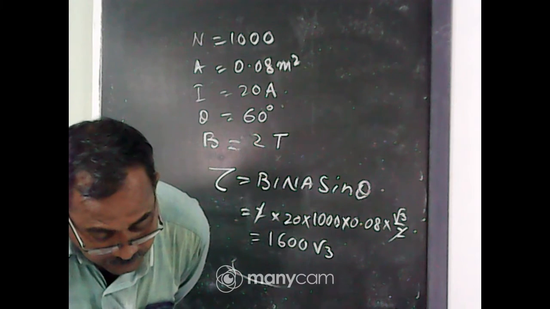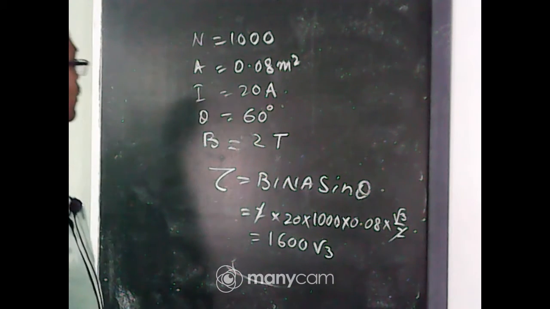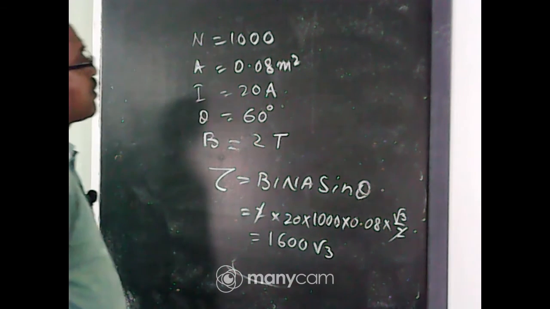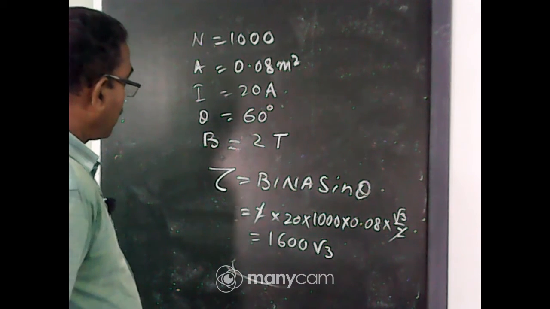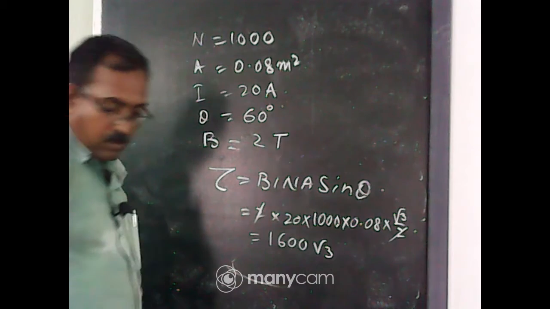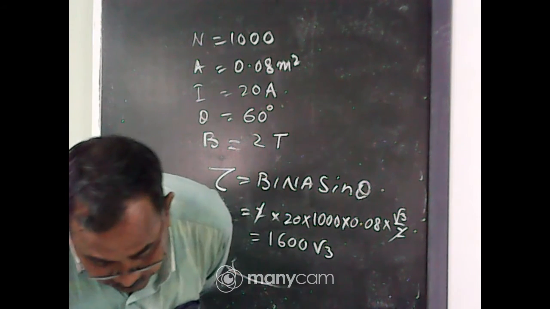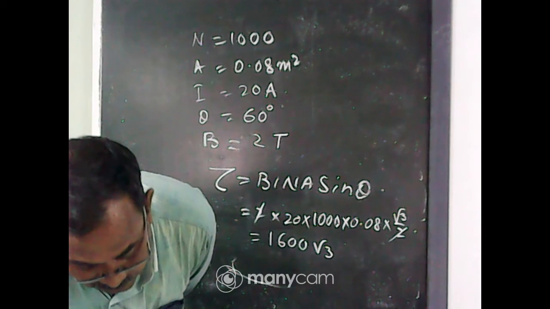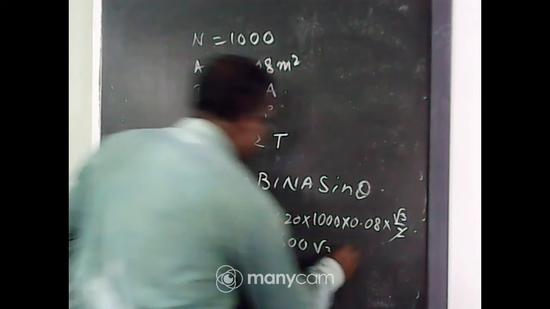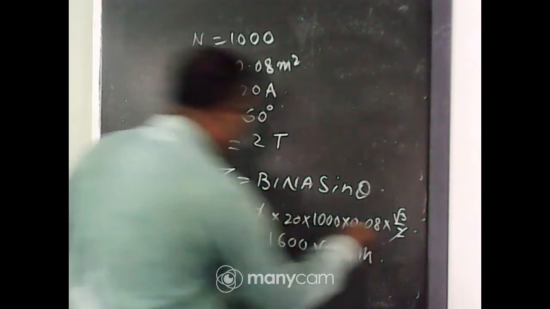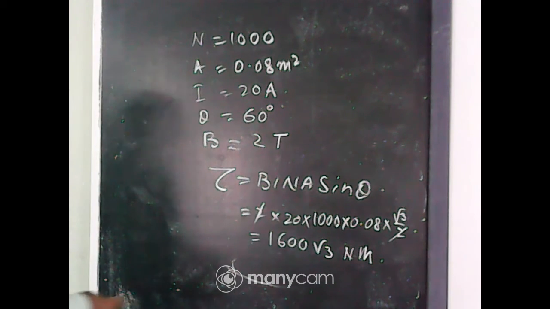Sin 60 value root 3 by 2. Tau equal to what will be the value of Newton into meter. You check it. Okay.